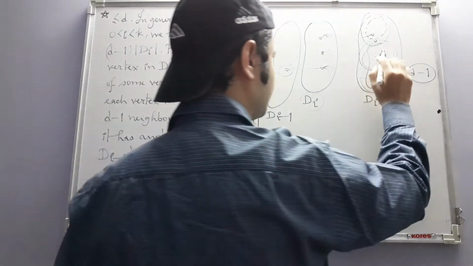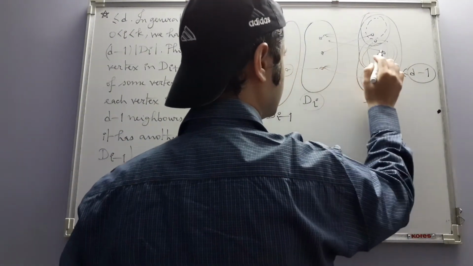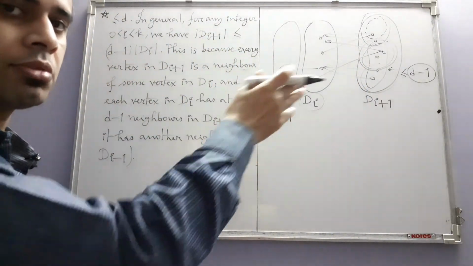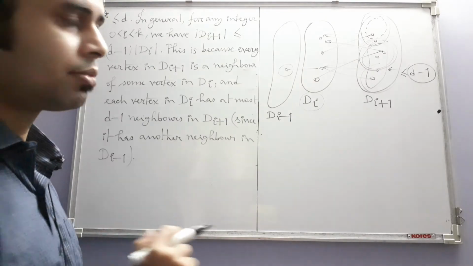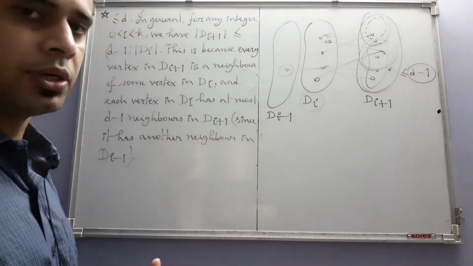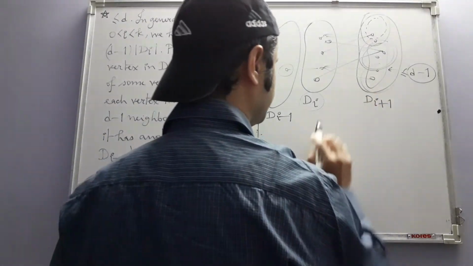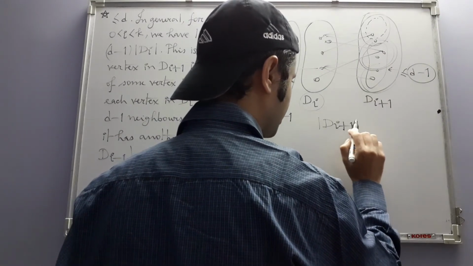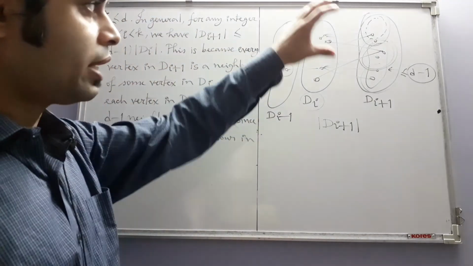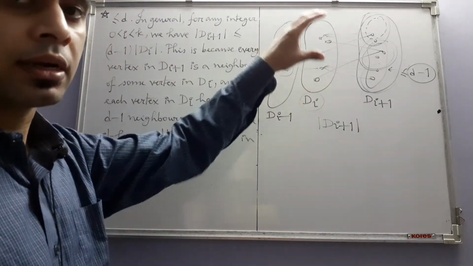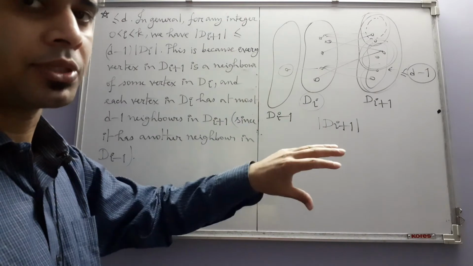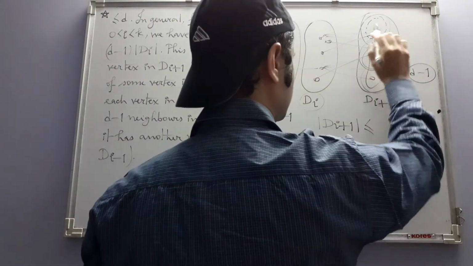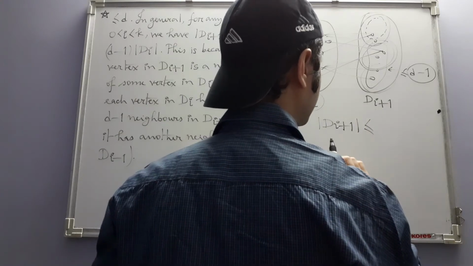You may have a vertex in Di plus 1 that is adjacent to more than one vertex in Di. That may happen. But the number of vertices in Di plus 1, if you look at them in this way as clumps, as subsets, then that is less than or equal to what?